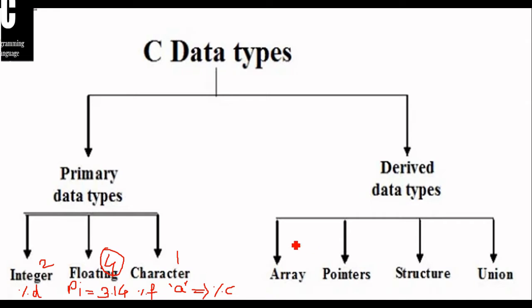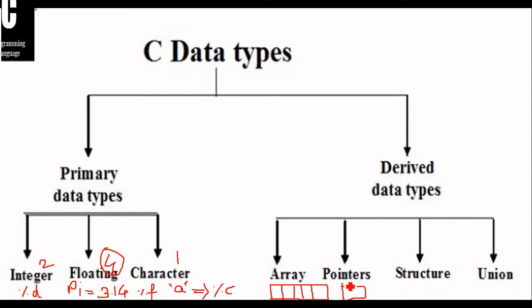And these are the derived data types. We will see the array. Array means a collection of similar data types. So you can store different elements inside a single array. Here are the different spaces, so you can store 4 integer numbers, or 5 integer numbers, or 5 float numbers. In pointers, you can store the address of another variable.